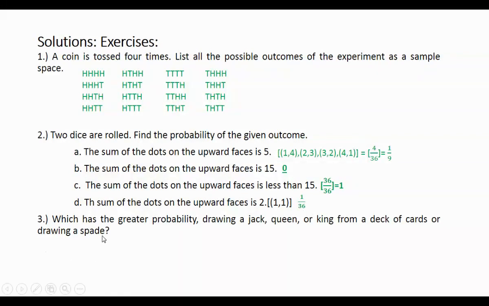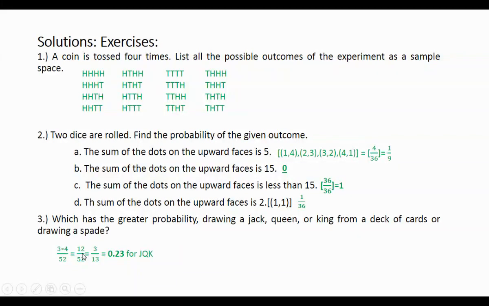Now, the last question we have here: which has the greater probability, drawing a jack, queen, or king, or drawing a spade? As you can see, we calculate for jack, queen, and king. The result is 0.23. That's because we have 3 ranks: jack is the first one, queen the second, king the third. We have 4 jacks, 4 queens, and 4 kings, so we multiply 3 times 4, that is 12.